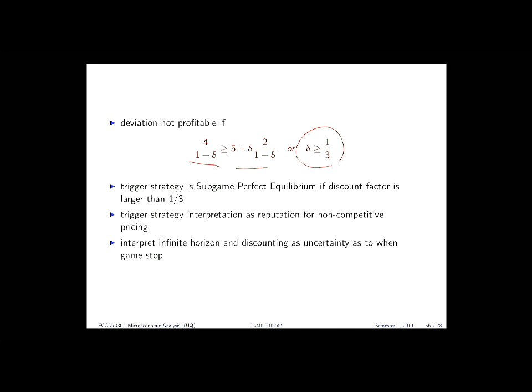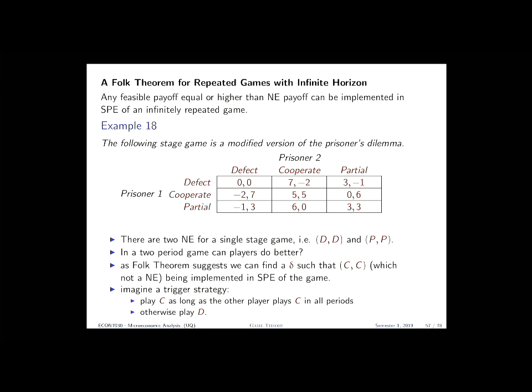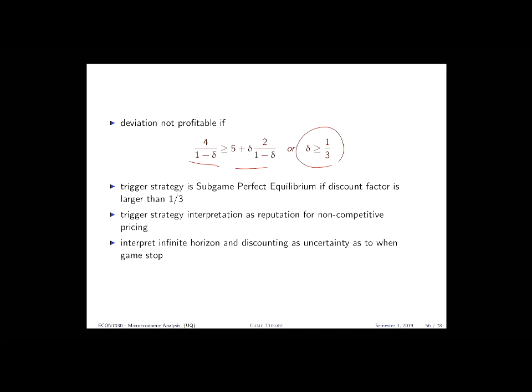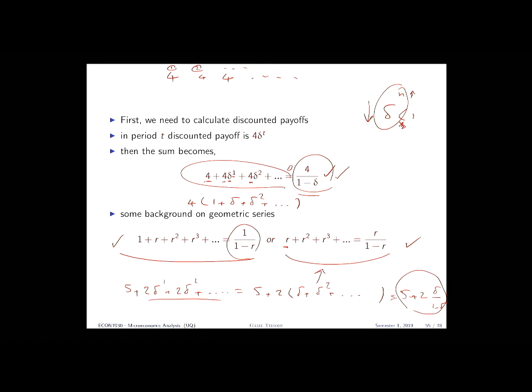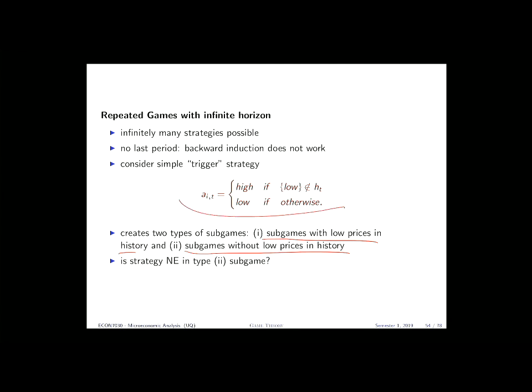Okay? So therefore, in infinite horizon games, the way we represent the SPE is by this trigger strategy, something like that, and then add a delta.